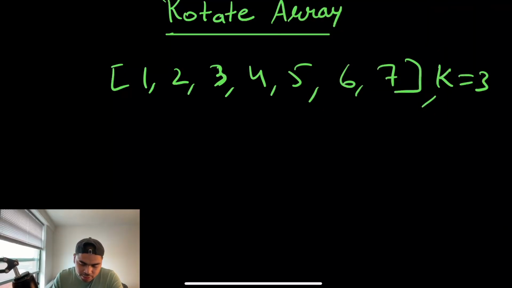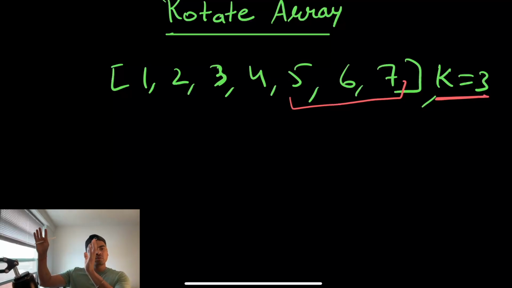Since we have to do it in place, what really happened is that because our k is 3, that many values from the back of the array will come to the front.